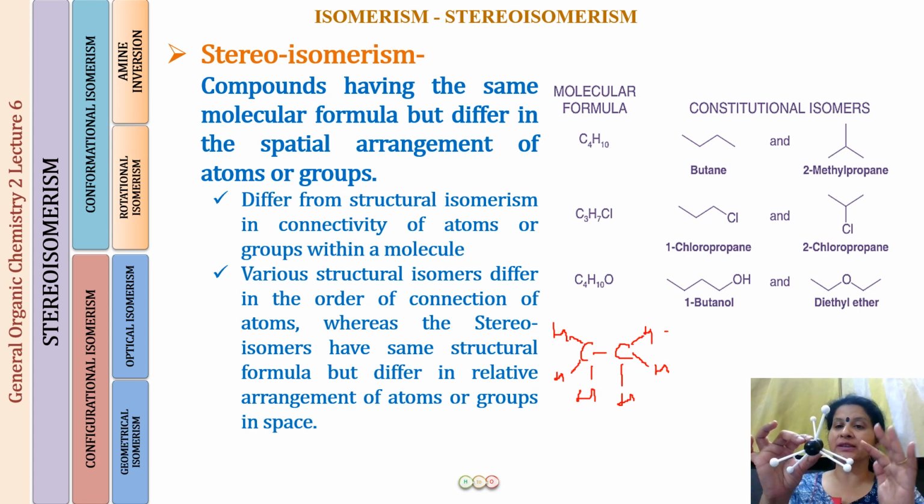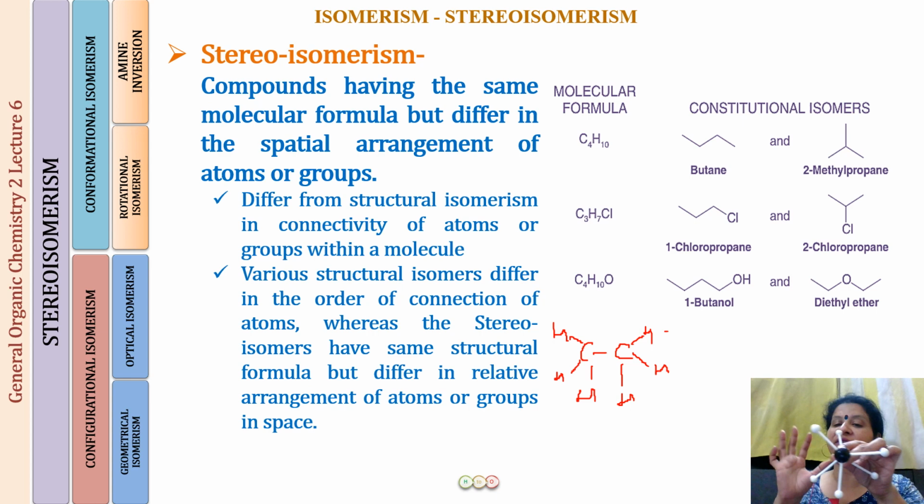The hydrogens, like 3 on the first carbon and 3 on the back carbon, I have not changed their positions. What I am doing is just changing the orientation of these in space, and this is giving me different structures. So this is what we have as stereo-isomerism. Okay, I hope this is clear. With these models, it is going to be very easy for you to understand.